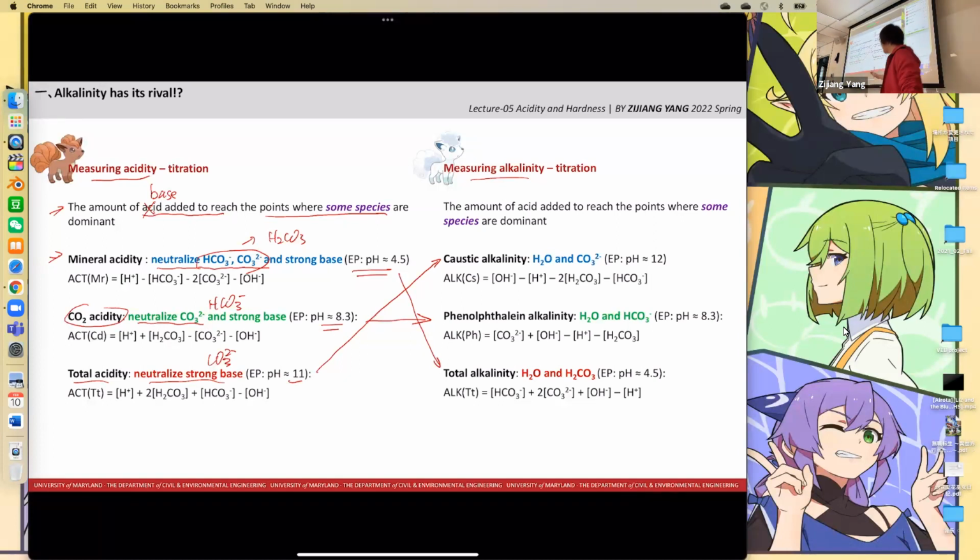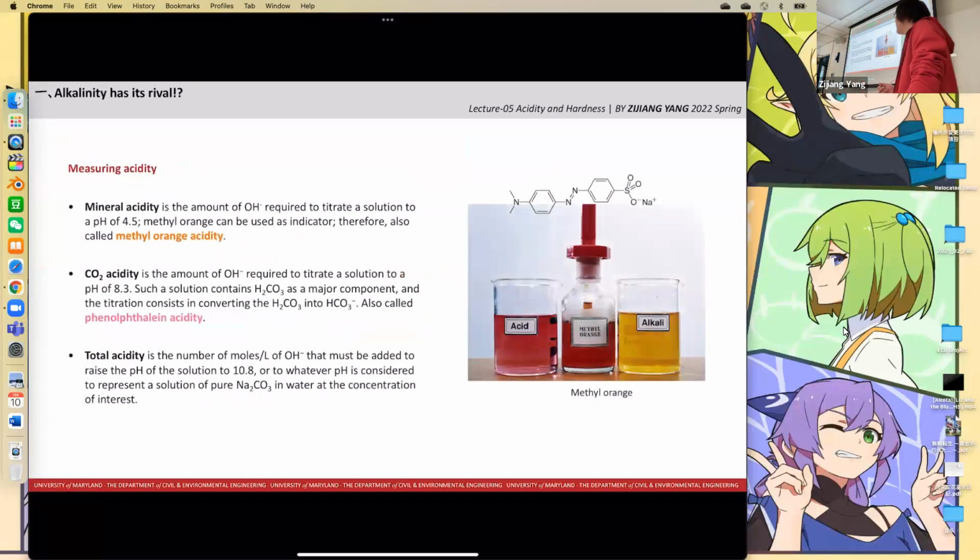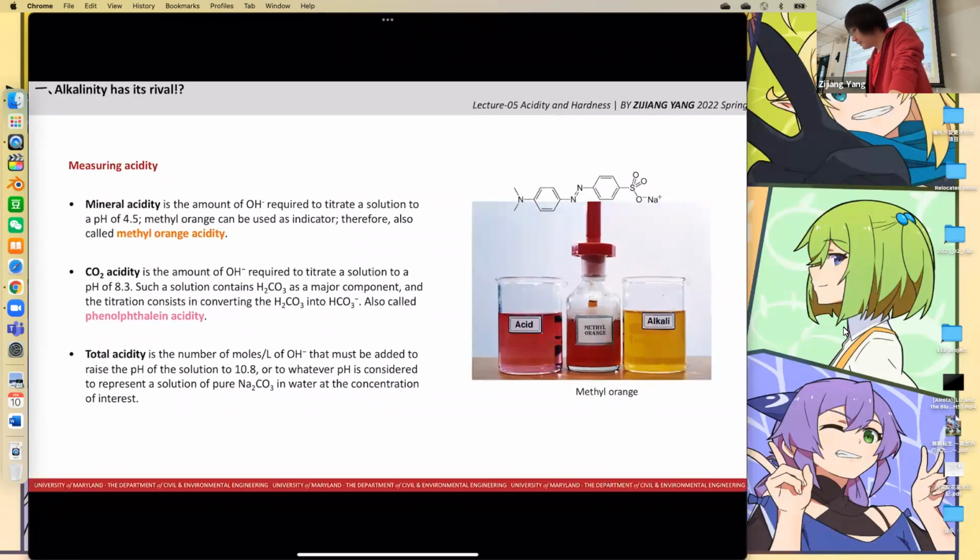And similarly, we have different species to express its value. And here are some more explanations about acidity. For mineral acidity, as mentioned, that is the amount of base required to reach this equivalence point.